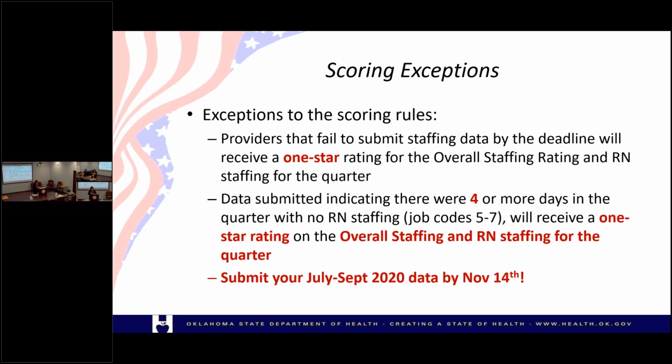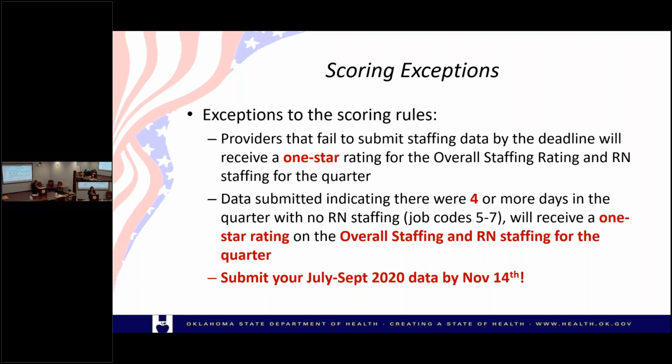Also, if you report that you had 4 or more days in 1 quarter with no RN staffing, it's going to automatically be a 1-star for the overall staffing and RN staffing. So you definitely don't want that to happen, because obviously that's going to drop down your overall star rating on Nursing Home Compare.